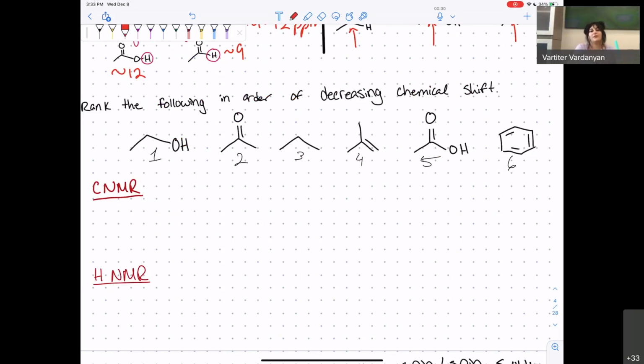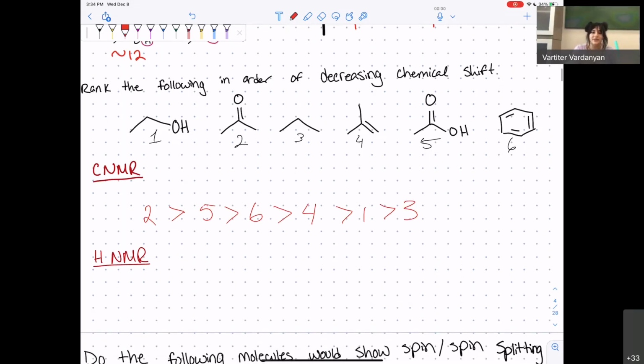So we're going to go from most deshielded to least deshielded. So the most deshielded is actually going to be 2, and then we have 5, and then we have 6, 4, 1, 3.